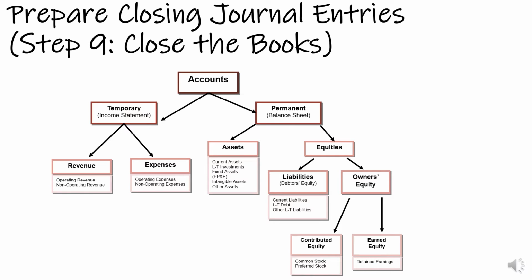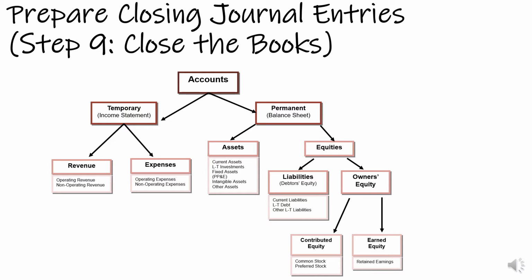At the end of the period, we close the books by zeroing out our temporary accounts into one of our permanent accounts. The temporary accounts include the revenue and expense accounts found on the income statement, whereas the permanent accounts are the accounts that appear on the balance sheet.